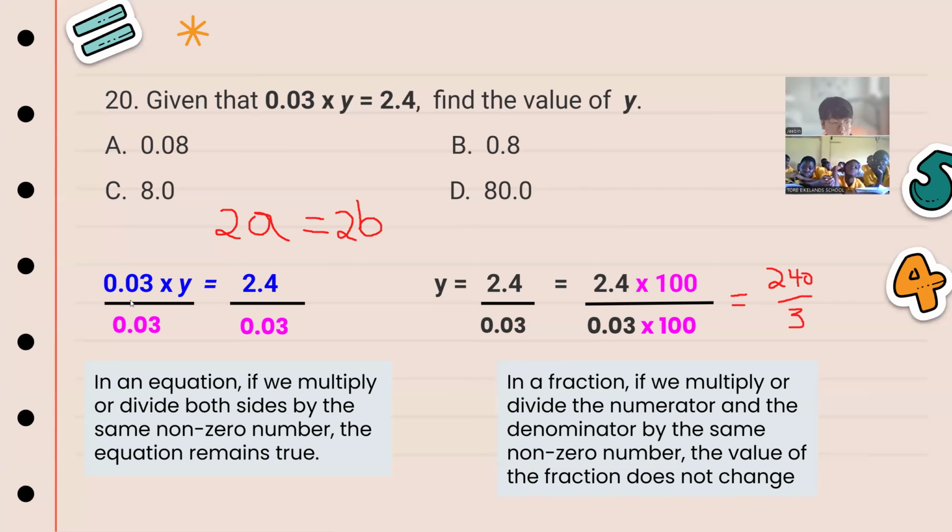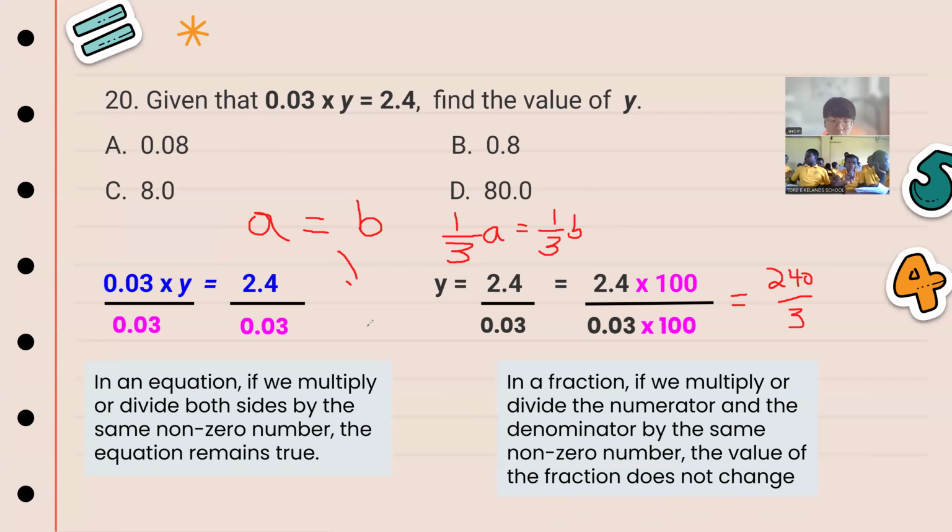Or we can say 1 over 3A equals 1 over 3B. So we can multiply and divide on both sides, and the equation is still the same.